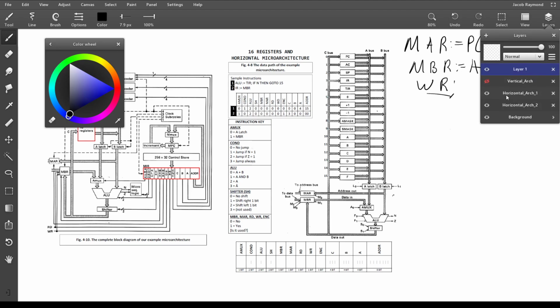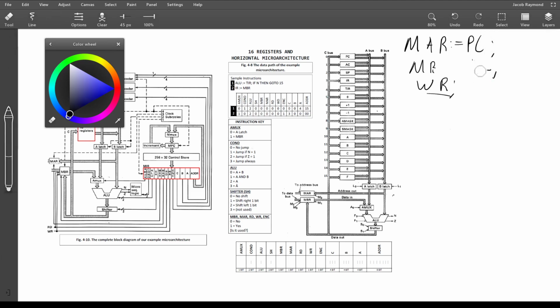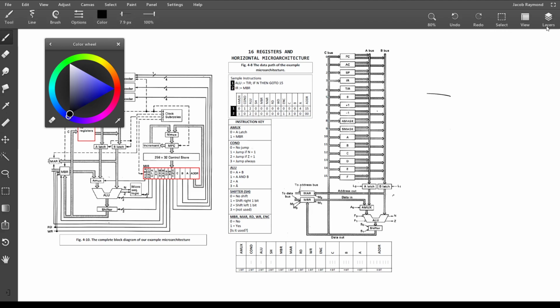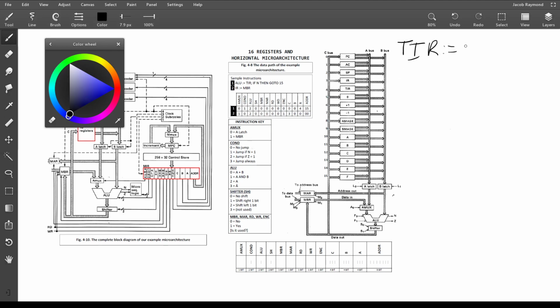Yeah. Okay, yeah. Let me see here. What layer is this on? Okay, so we've got a whole bunch of stuff going on here. TIR equals.